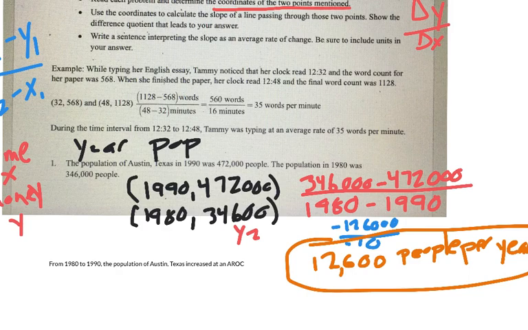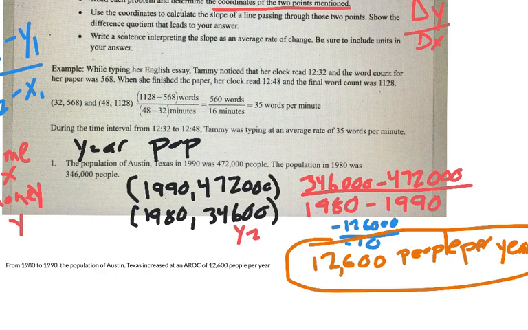So I'm going to abbreviate that AROC of 12,600 people per year. And maybe let me move that so we can see all of it. There it is. So from 1980 to 1990, the population of Austin, Texas increased at an average rate of change of 12,600 per year.